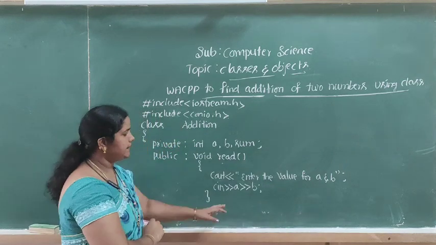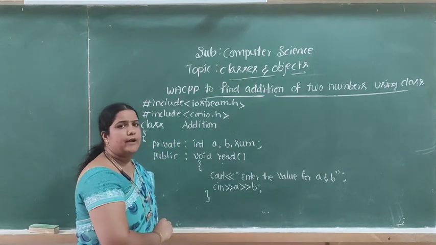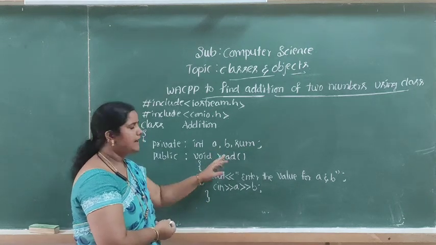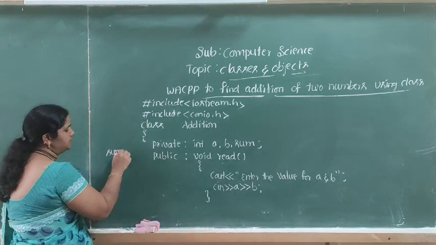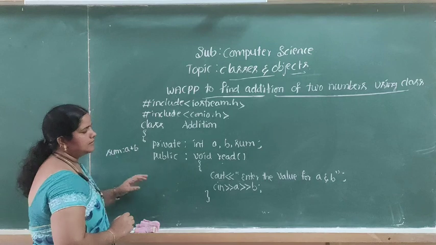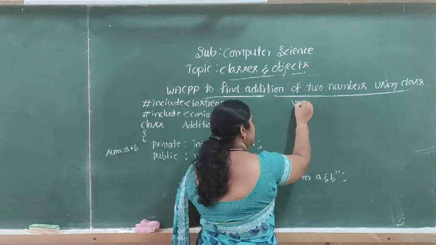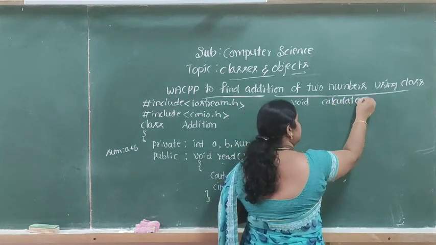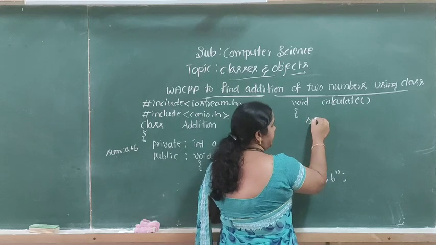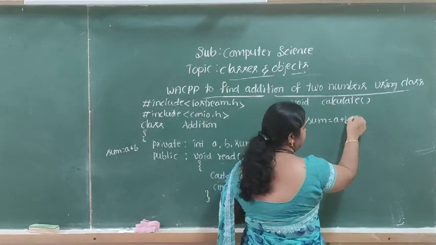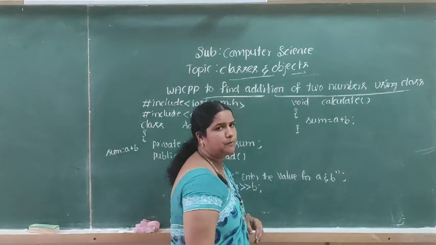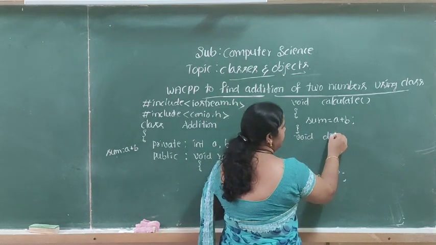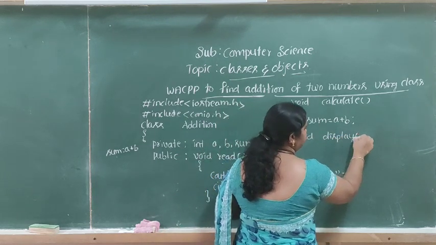We read two numbers a and b, and we add the two numbers, so the equation will be sum equals a plus b. Next we take another member function, void calculate. Write the equation sum equals a plus b semicolon and closing brace. And the last member function will be void display. It is used to display the result.